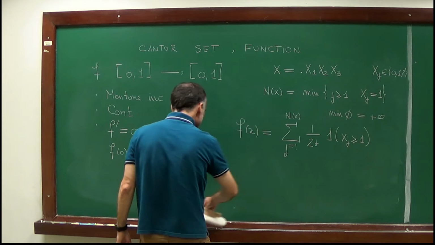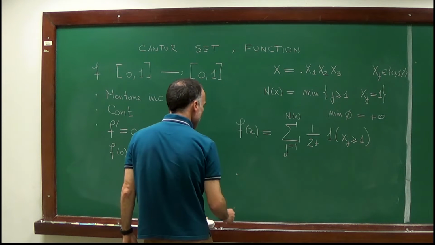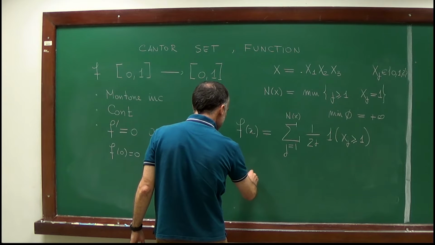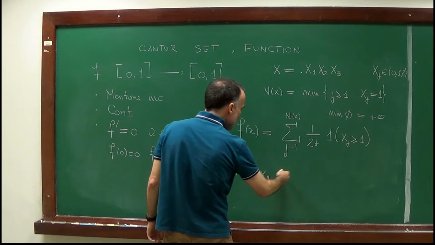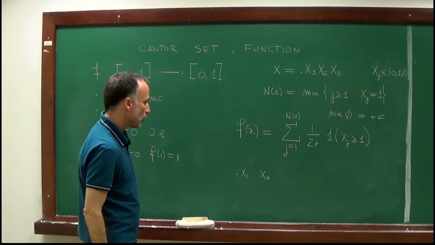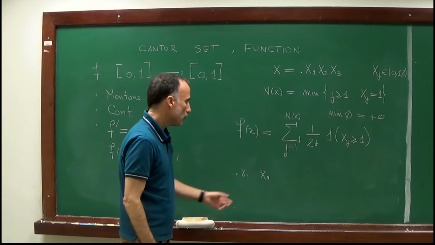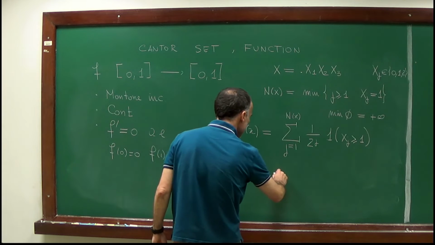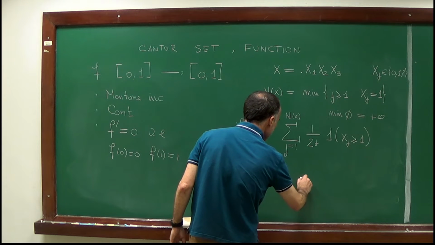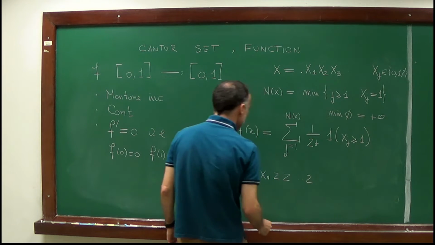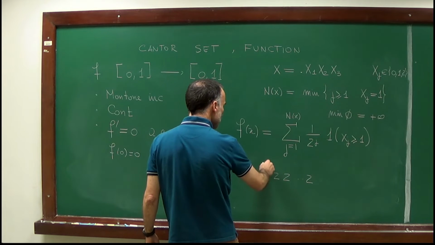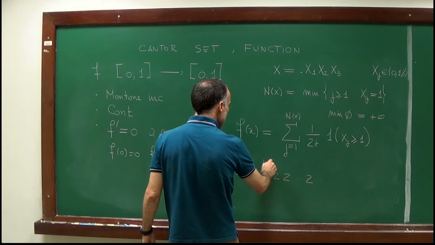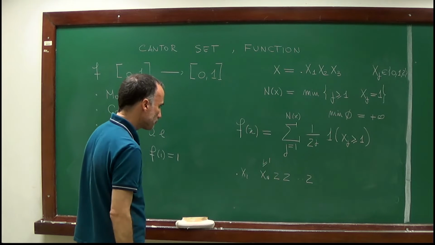So the ambiguity comes from a point x1, ..., xn, which from one index up, all the digits are 2. And of course, let me assume that xn is different from 2, so xn is 1 or 0.